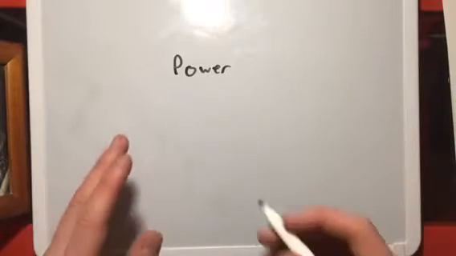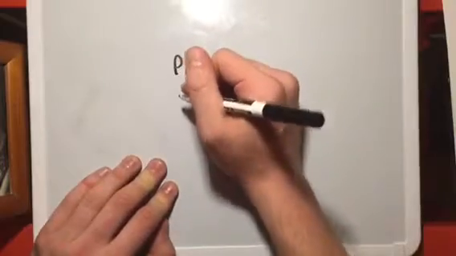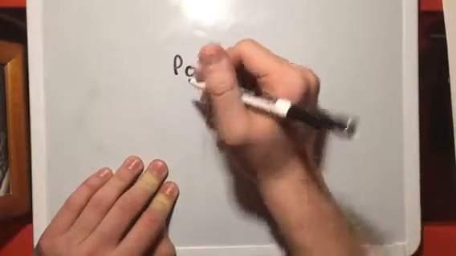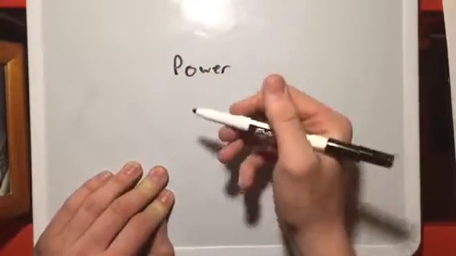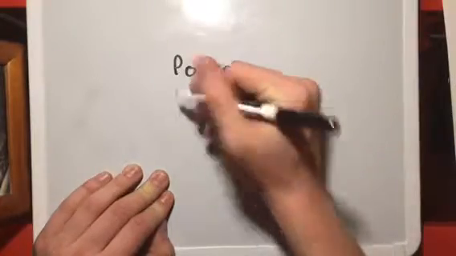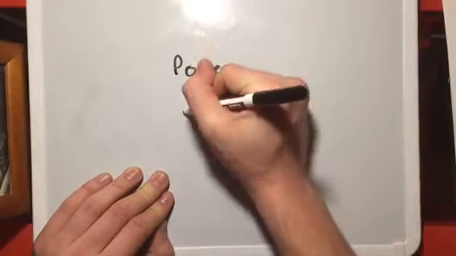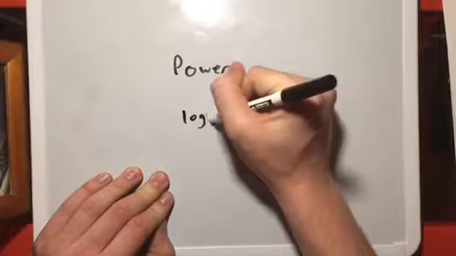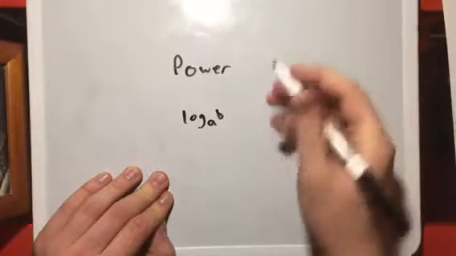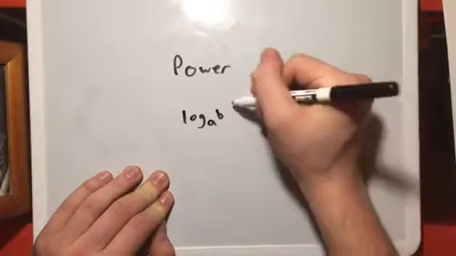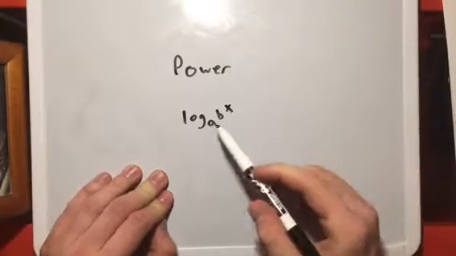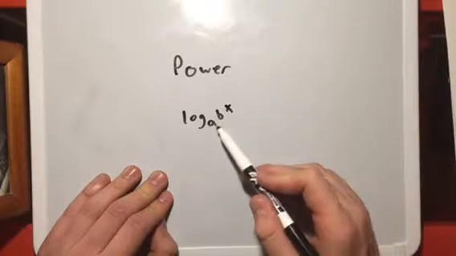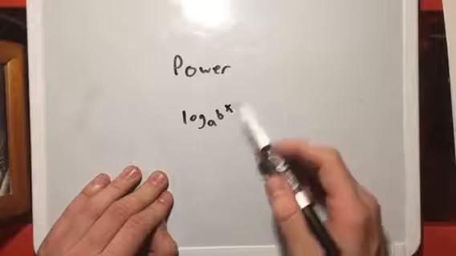First, let's start with the power property. So, writing out the formula for the power property, let's say we take another simple logarithm, and we'll just use letters this time. Log base A of B to the x. So this number goes into this number to the power of this number.